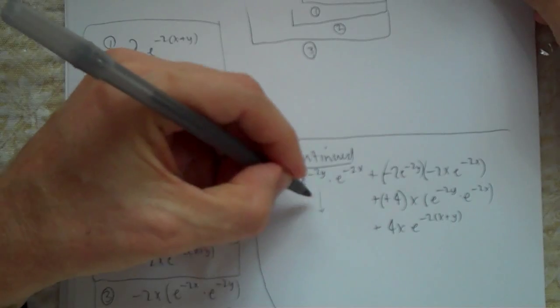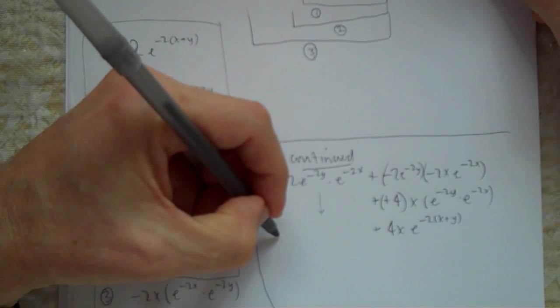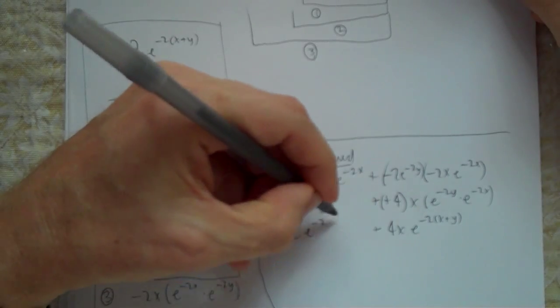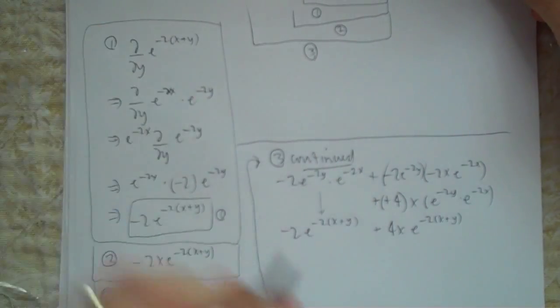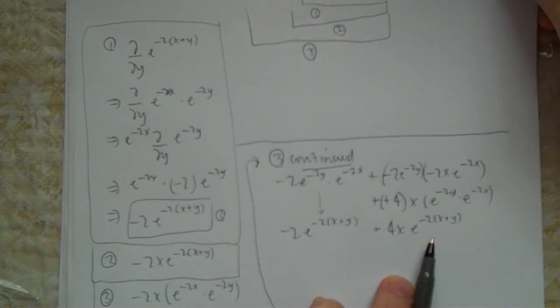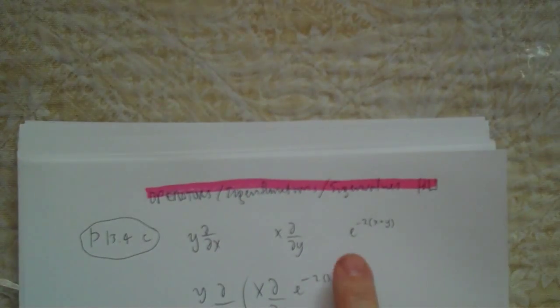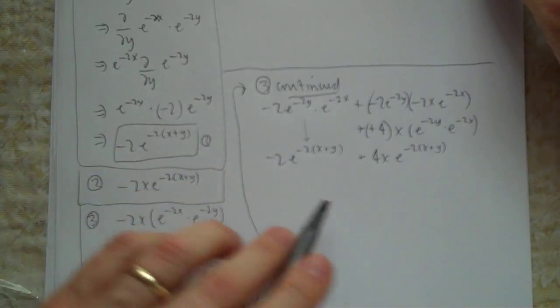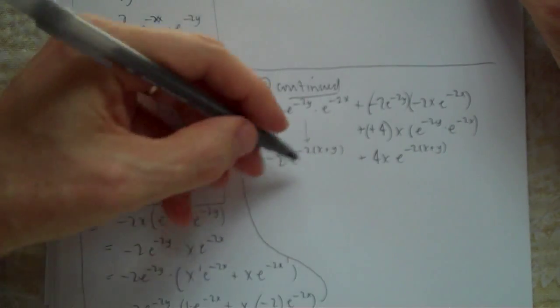And this term here becomes minus 2 e to the minus 2x plus y. Looks like I can factor out that original term again, right? Remember my original function was e to the minus 2x plus y? So it looks like this is going to be an eigenfunction, doesn't it? Because I can pull that baby out again.